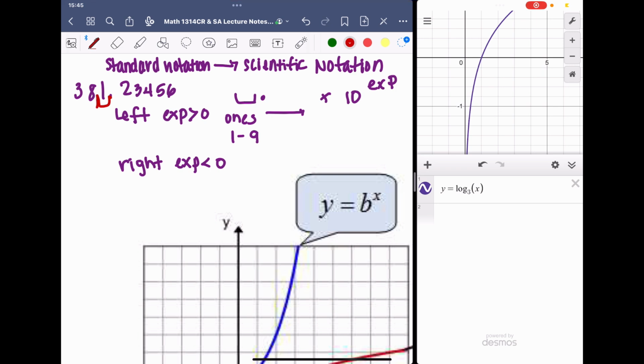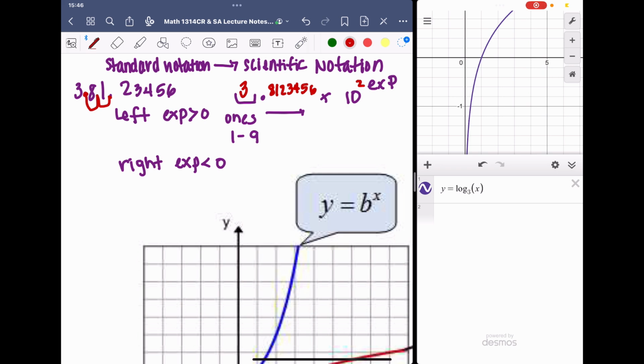So 1, 2. So I get 3.8123456 times 10. Remember, if it moves left, our exponent is positive. It's going to be 2.